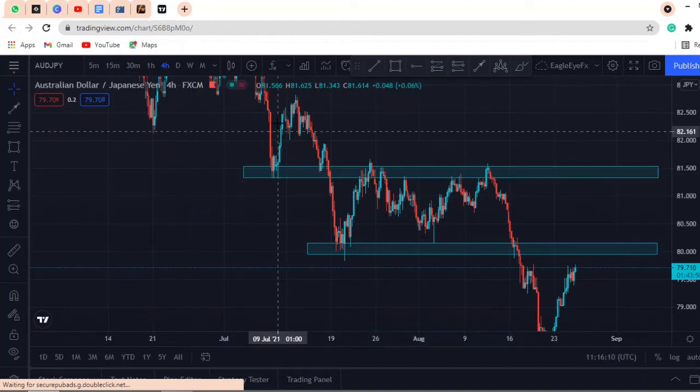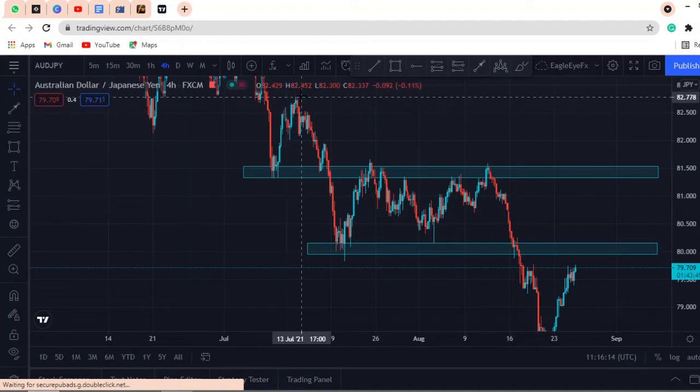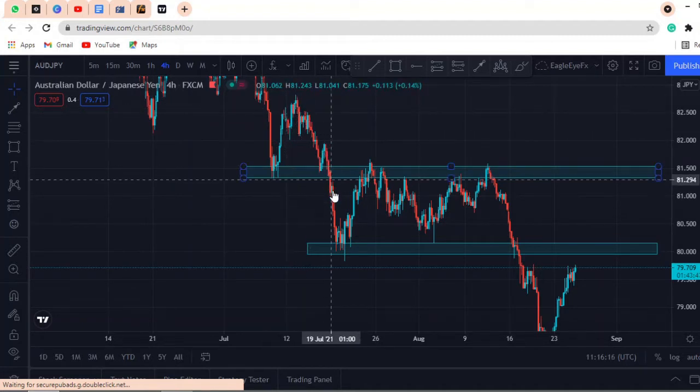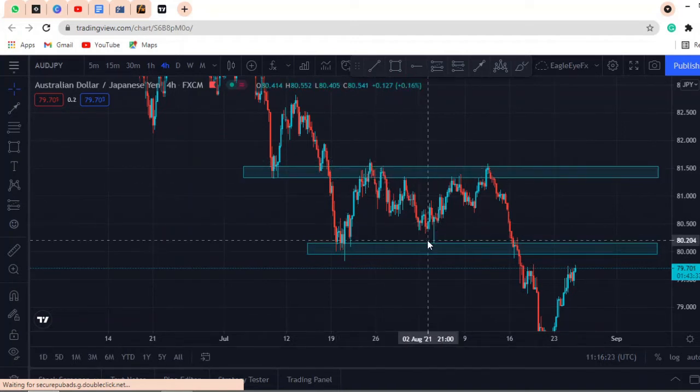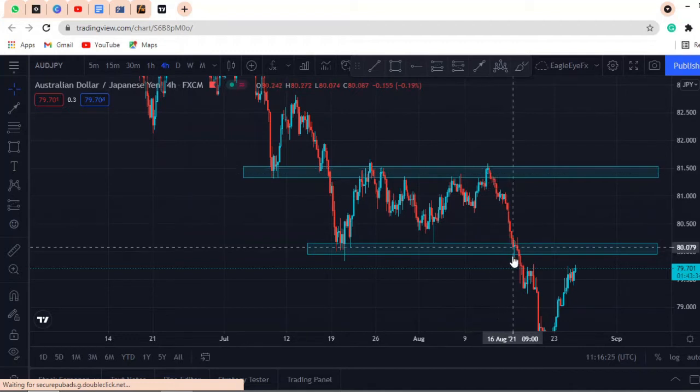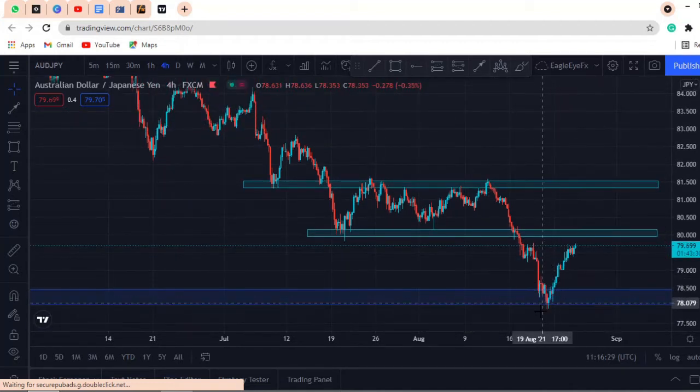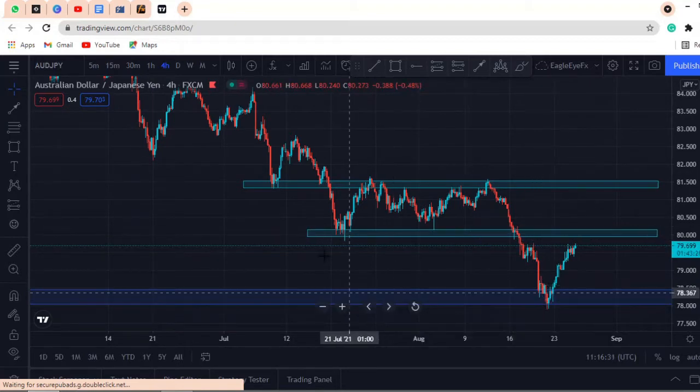So you see that the market came and found support, pushed up to this level, then came and broke and found support here, and then went back to the same zone, was rejected to here, and went back, and now it came to break and found some retest and came now to our zone. Now it's nearing this place.